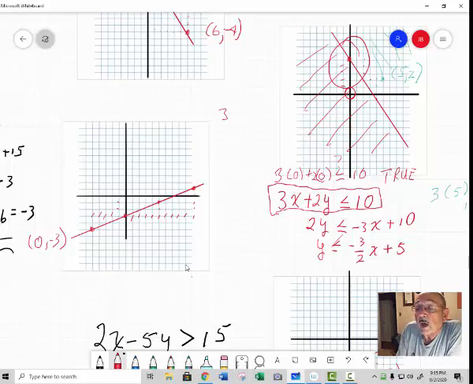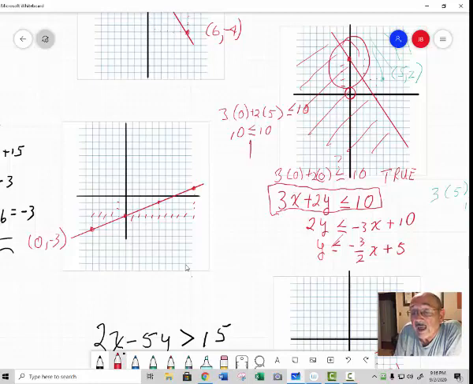I can have it equal. On the other example, where it was strictly greater than, I cannot have 15 greater than 15. That's not true. I do not want the edges.